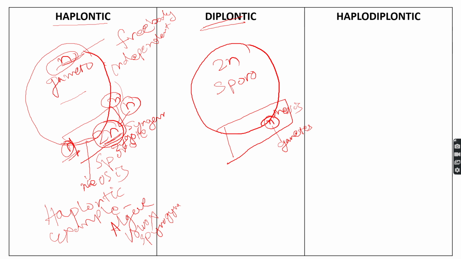Now these gametes, through mitosis they will multiply their number, and two single N or two single gametes will fuse through syngamy and produce a 2N body, and most of the life cycle will be covered through this 2N body, and this 2N body is independent and free living.